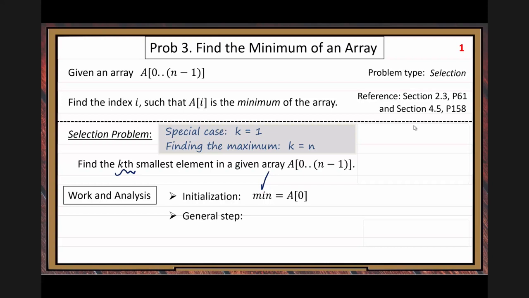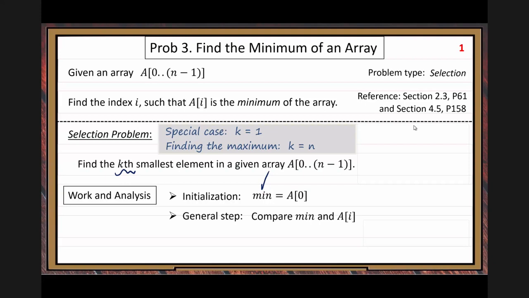Then, as a general step, we compare the min value with the current array value, because we scan this whole array from left to right by incrementing the index I.